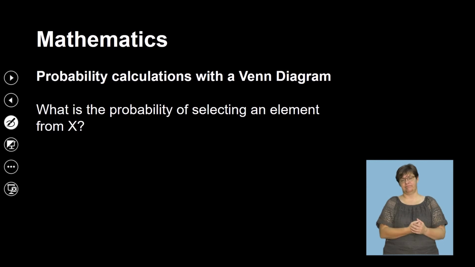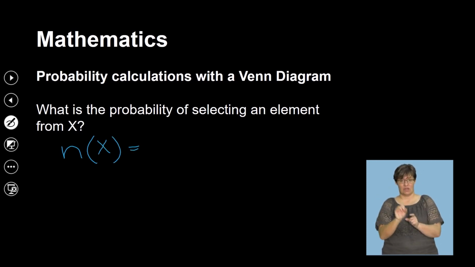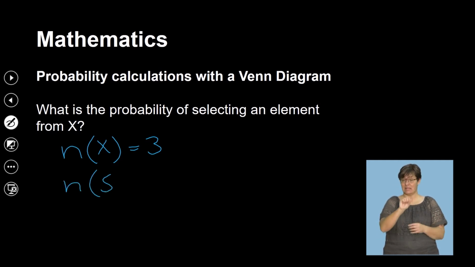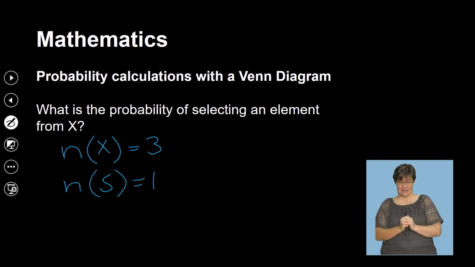We could say to ourselves, what is the probability of selecting an element from X? Well, that's not too difficult. We know that the number of elements in X is equal to 3. We also know that the number in the sample space is 10.